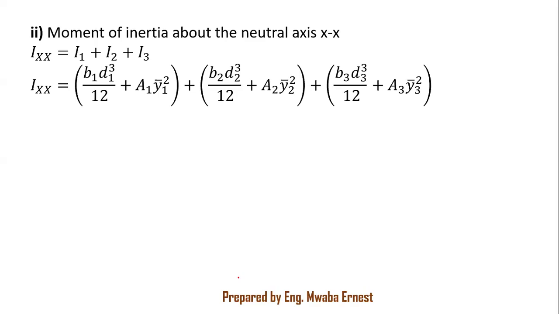The beauty is that all three are rectangular in shape. So we use BD cubed over 12 plus area 1 times y1. We repeat this up to the third.